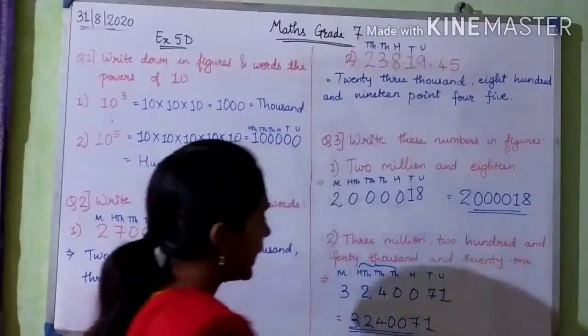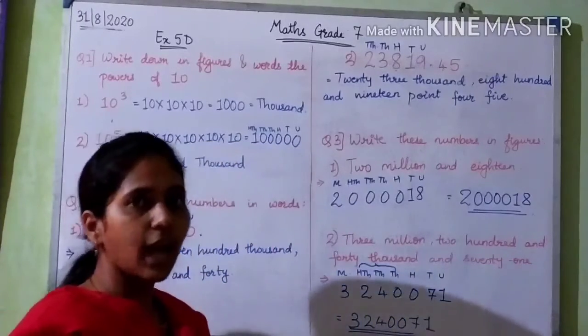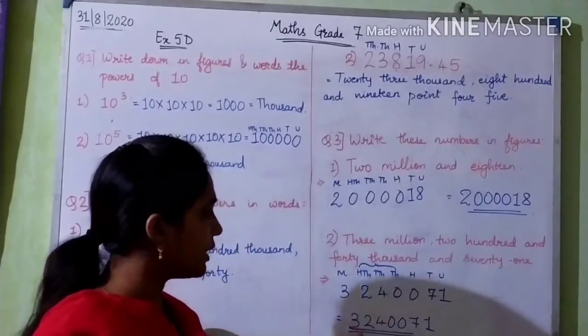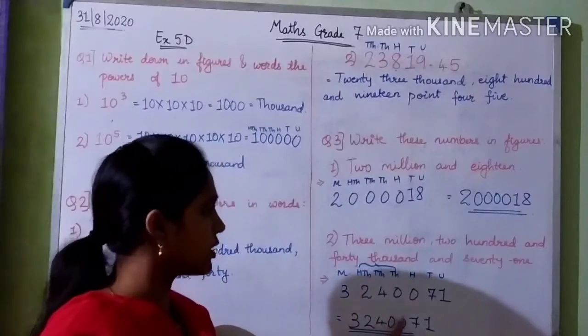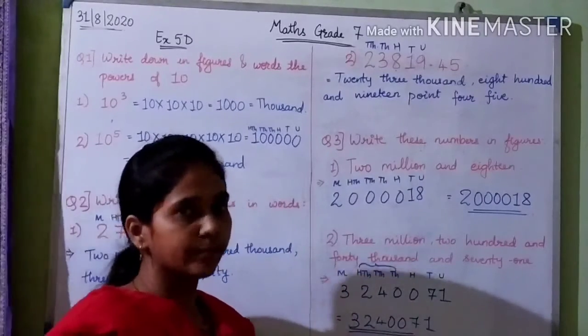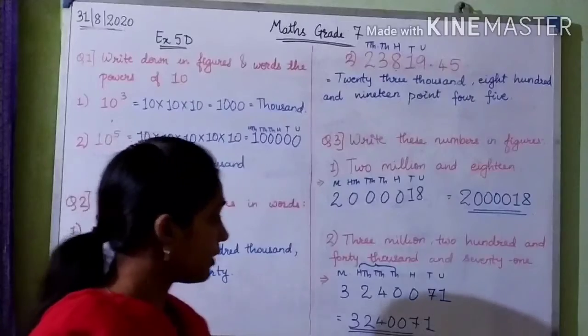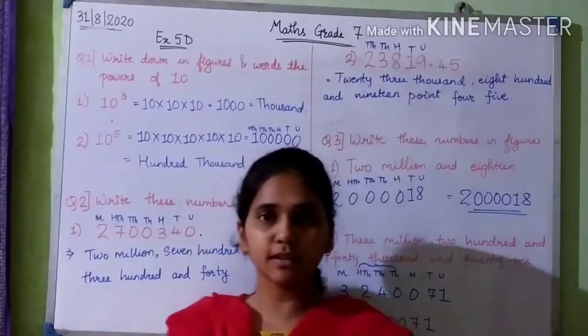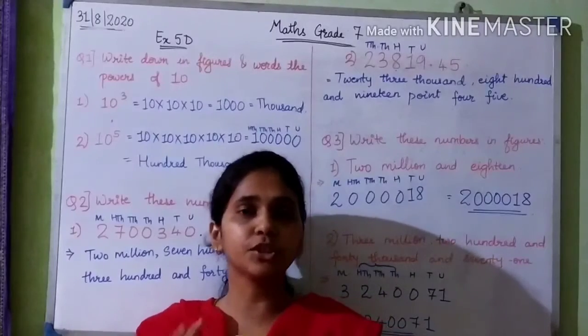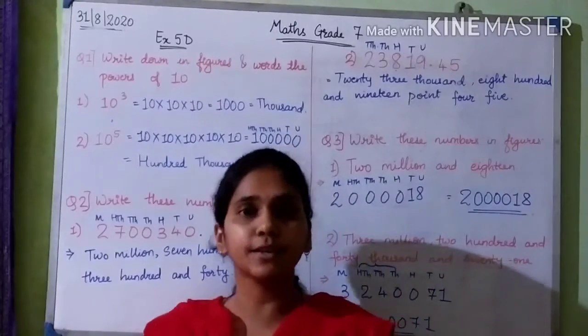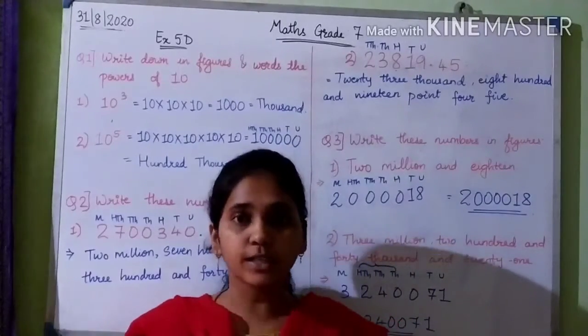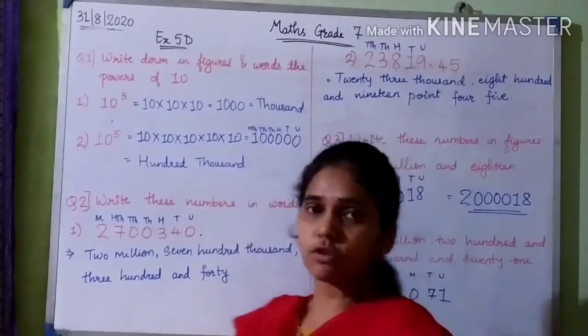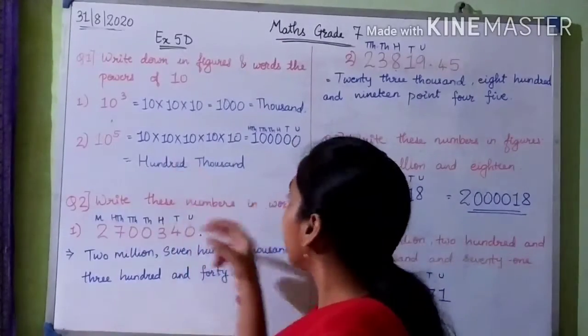So this number in figures is written like this, and in words it is written as 3,240,071. So this was all about how to place the digits in the place value table, how to write it in figures, how to write it in words, and then the powers of 10.